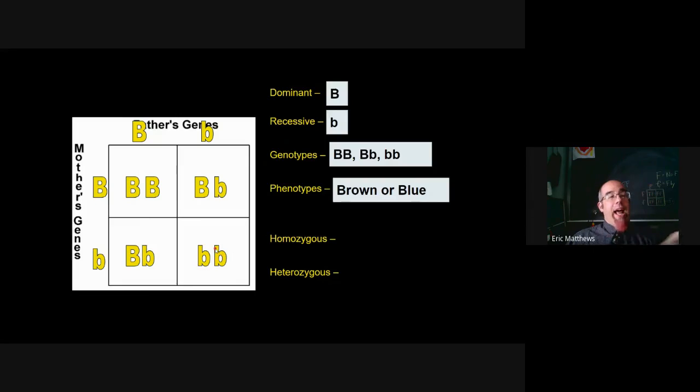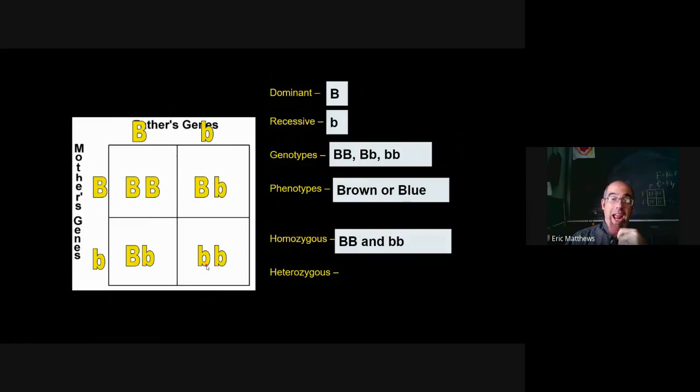All right, so once again, out of this Punnett square, what are our homozygous examples? And remember, homo, once again, Latin for same. So here we're going to see capital B, capital B, or little b, little b, as our homozygous examples.